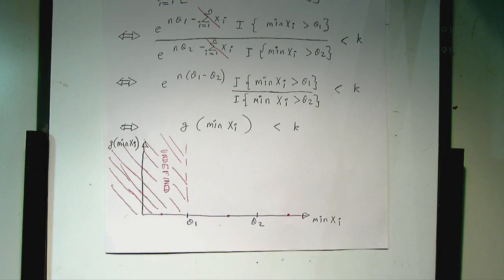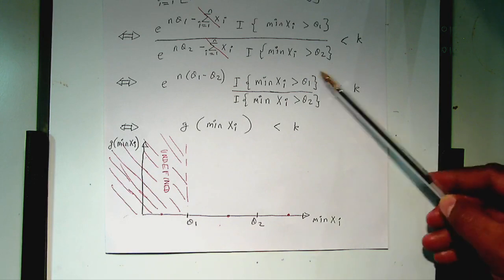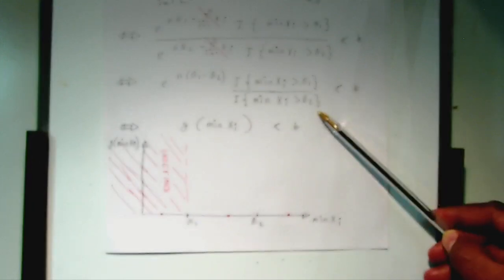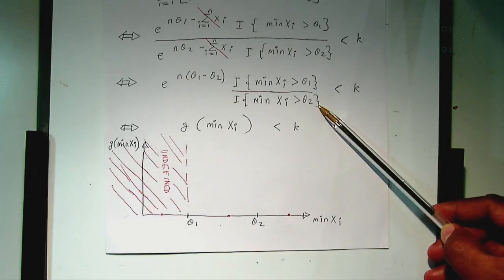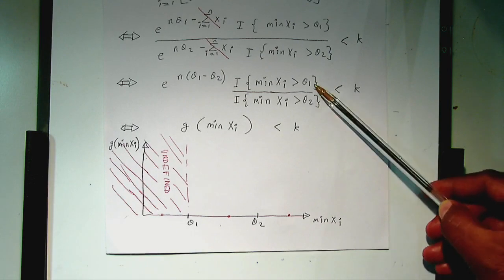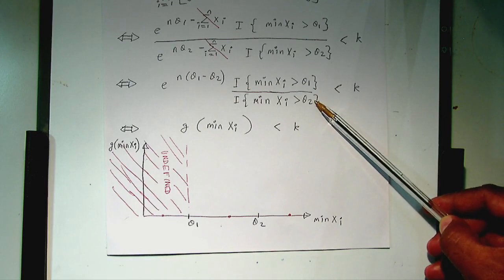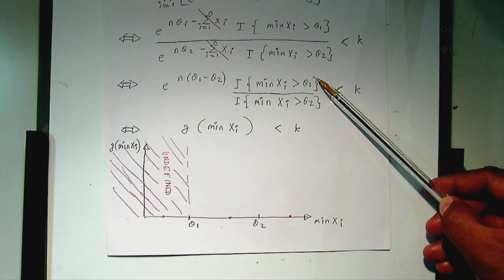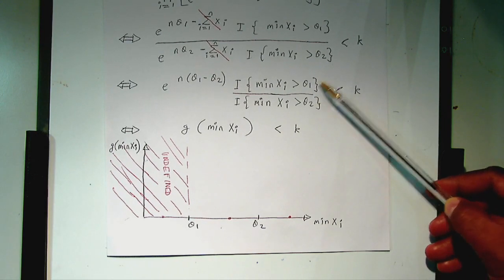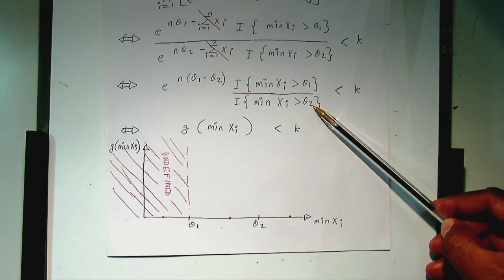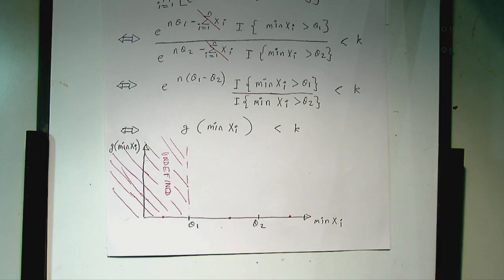Now let's take this point here, between theta 1 and theta 2. This one is equal to 1, and this one is 0. So 1 divided by 0 is infinity.